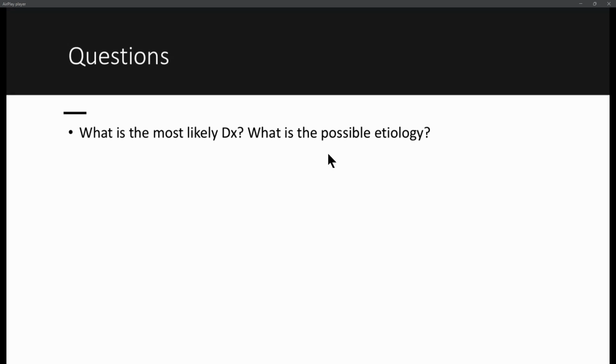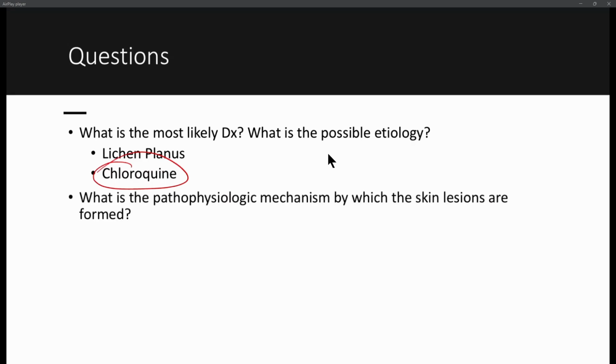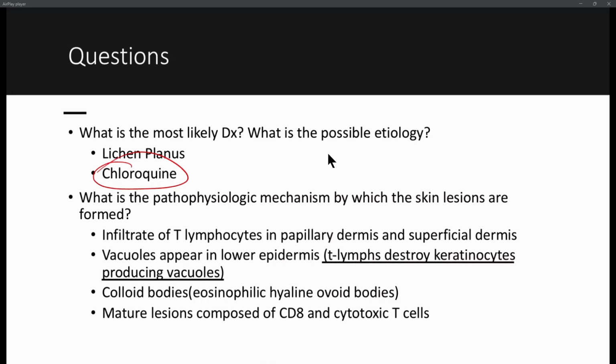What's your most likely diagnosis for this one? Okay, this is your lichen planus, and the etiology is a side effect of the chloroquine. The antimalarials can cause lichen planus as well. And what's the pathophysiologic mechanism that they're formed? We get infiltrate of T lymphocytes.